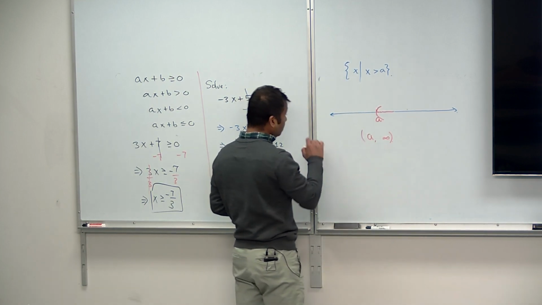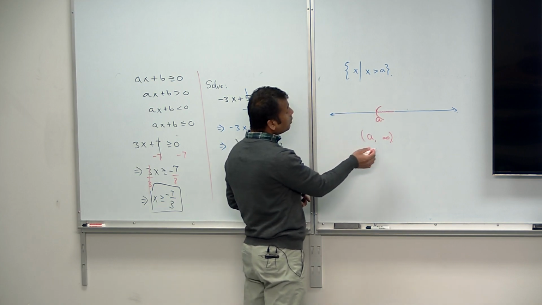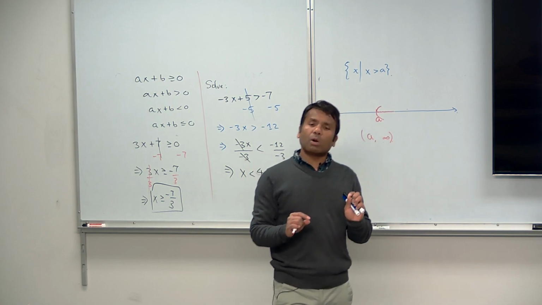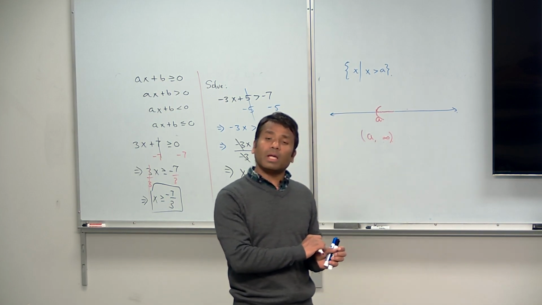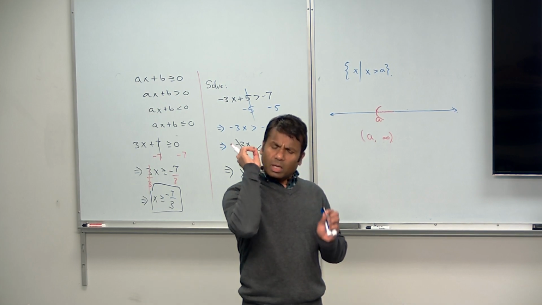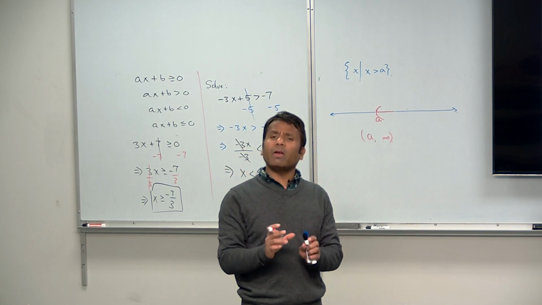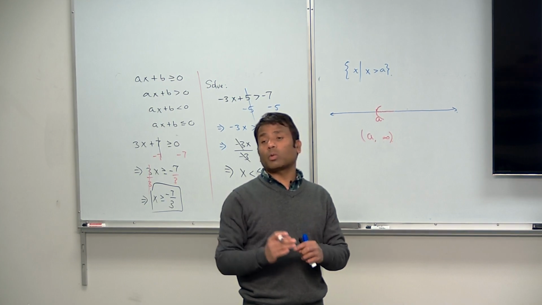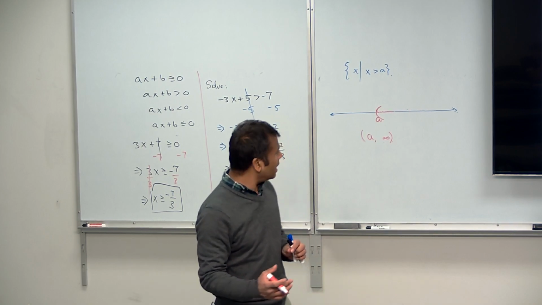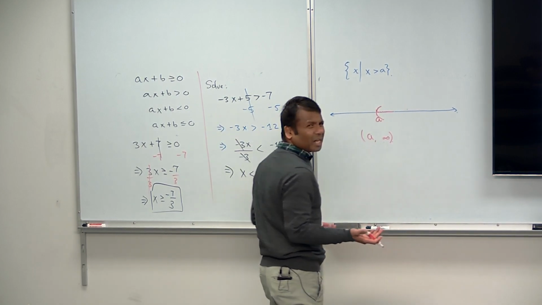So now you see this positive infinity, and then the infinity. If you start with negative infinity, you put parentheses. So if you start or close with infinity, then you always put the what? Parenthesis. This infinity does not actually represent a number.